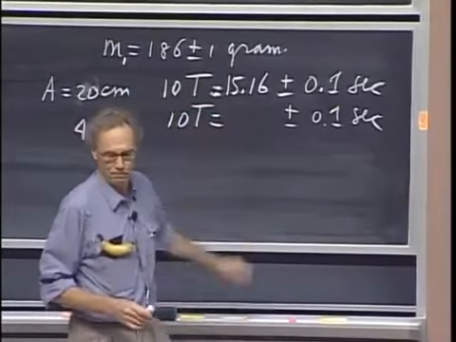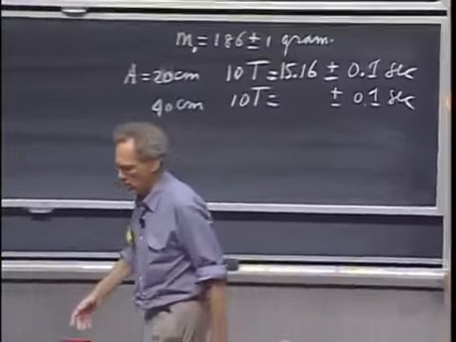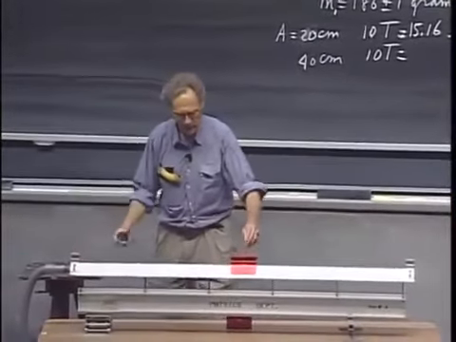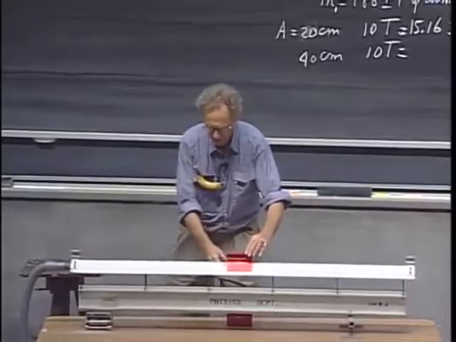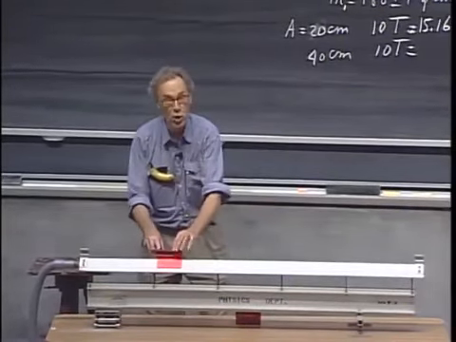By the way, you can derive the spring constant from this now, because you know the mass and you know the time. Now I'm going to give it a displacement, an amplitude, which is twice as high. So I make it 40 centimeters. This is a huge displacement.